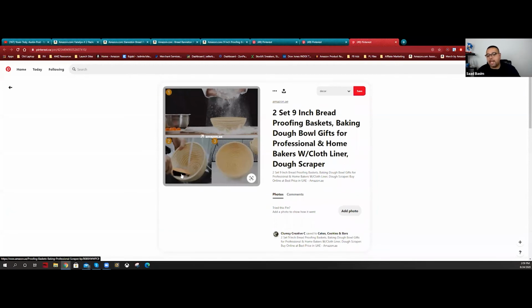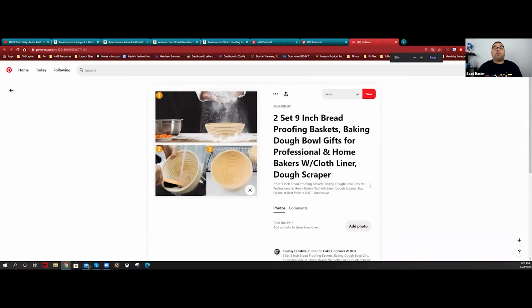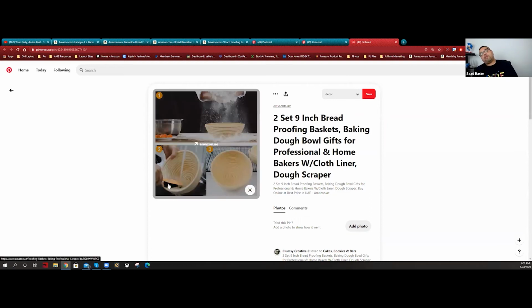So I can come to this market and say, hey, if you want your proofing basket to last longer and avoid any splinters in the future, this is a special brush to make sure you clean your proofing basket thoroughly, but at the same time you will not damage the product itself. So that could be another way of doing it.